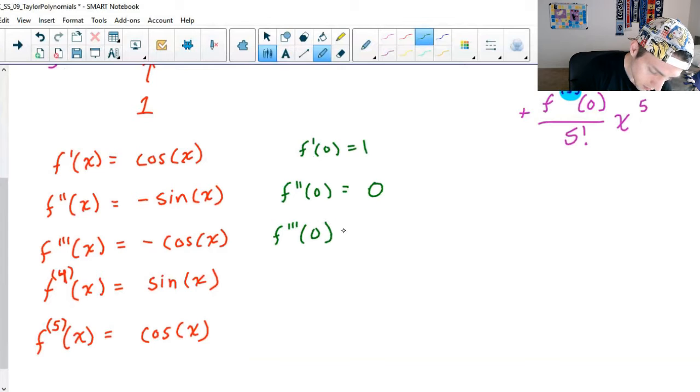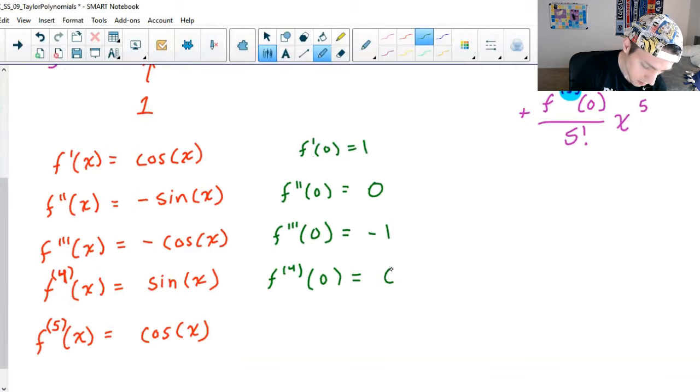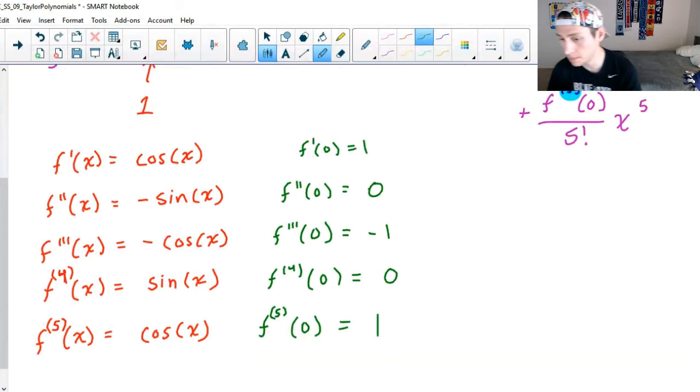The third derivative at 0: negative cosine of 0, so that's negative 1. Sine of 0, 0 again. Cosine of 0, 1. So I have this cyclical nature that we can see going 1, 0, negative 1, 0, 1.